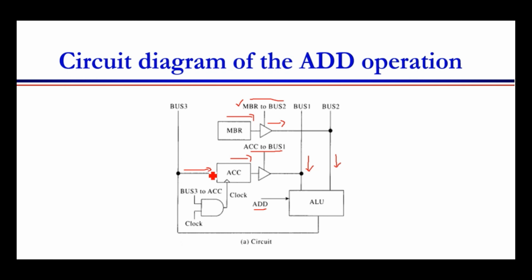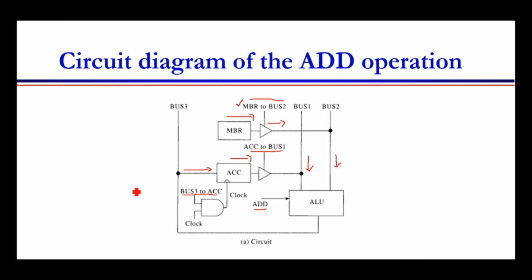So whenever the bus 3 to accumulator control signal is high, this data will enter the accumulator.